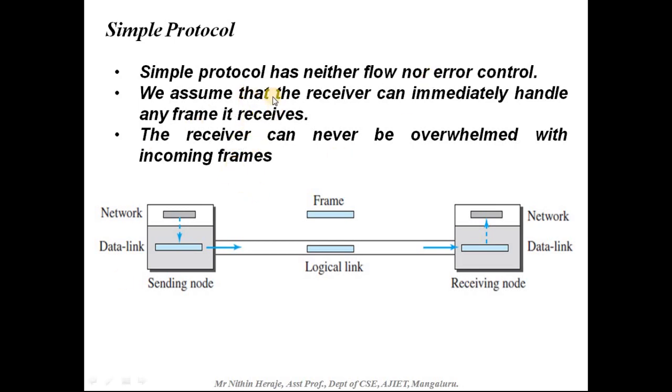These are the two assumptions made in the simple protocol. If you look at this diagram, this is the packet coming out from the network layer and going towards the lower layer, the data link layer. Here the packet is reorganized as a frame by adding a header, footer and some other details to the frame.